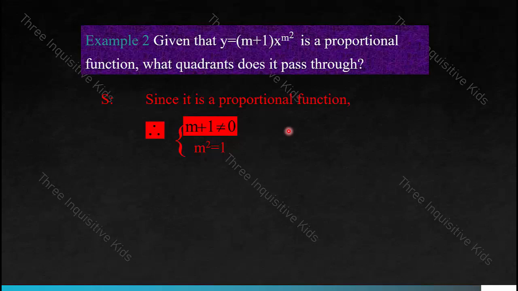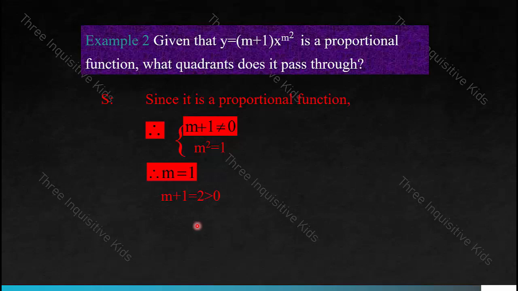But we also know that since it is a linear function, its coefficient cannot be equal to 0. So m + 1 cannot be equal to 0. Therefore, m is equal to 1. m + 1 is equal to 2, because we know m is equal to 1, and 1 + 1 is equal to 2, which is greater than 0.